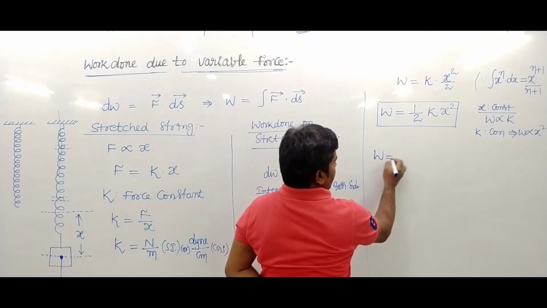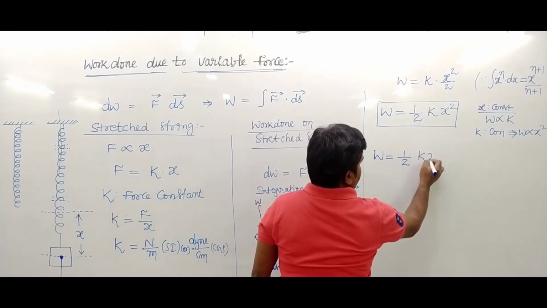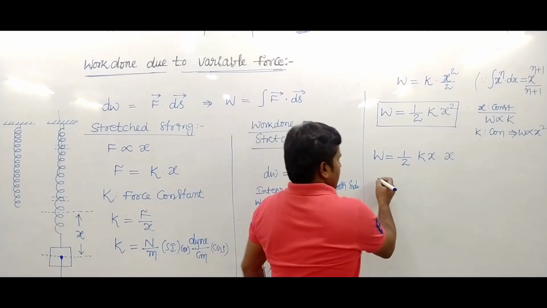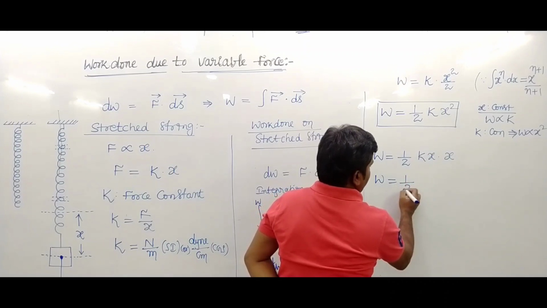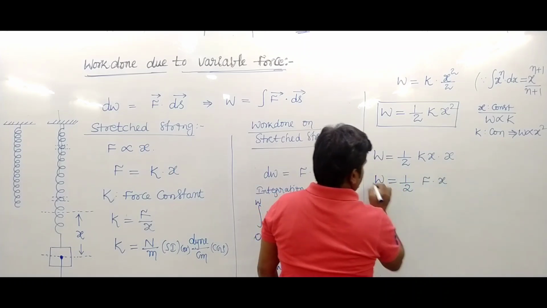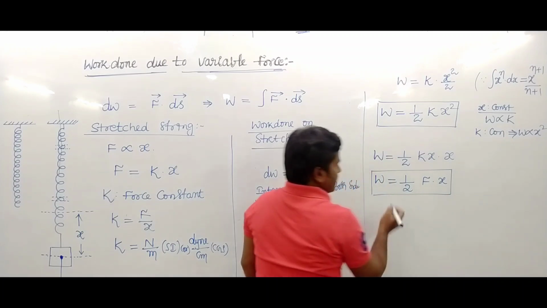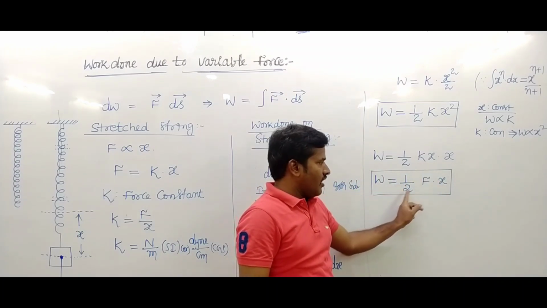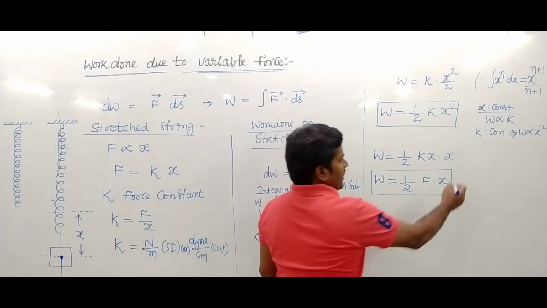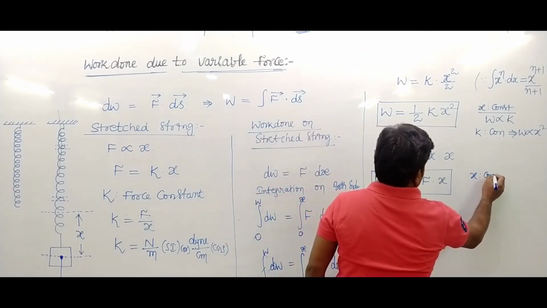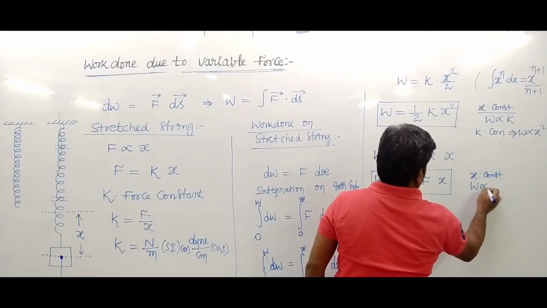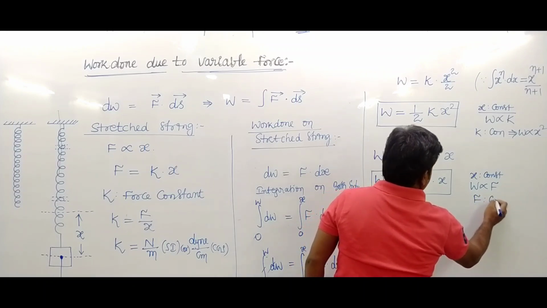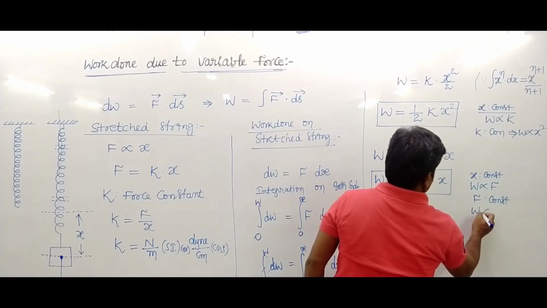Again, the work done can be written as half kx into x, that is W equals half F into x, since kx is nothing but F. This is half Fx, the work done. If x is constant, W is proportional to F, or if force is constant, W is proportional to x.